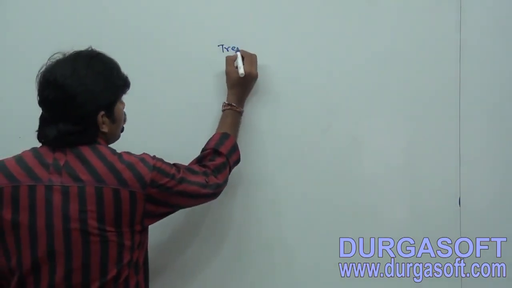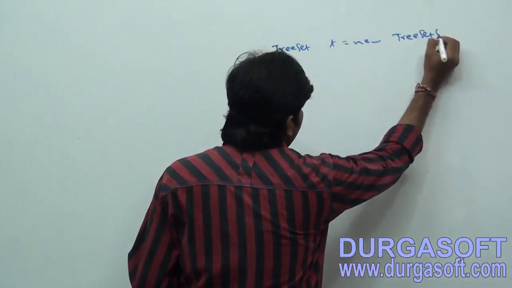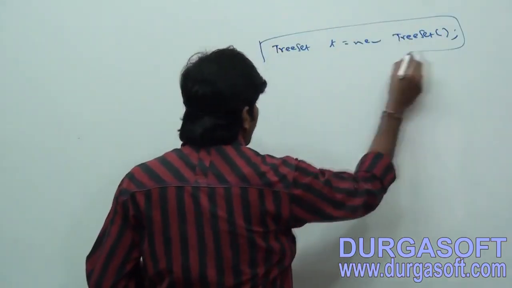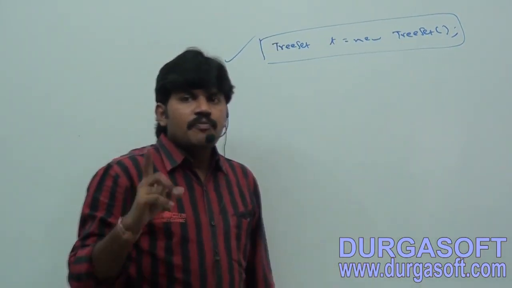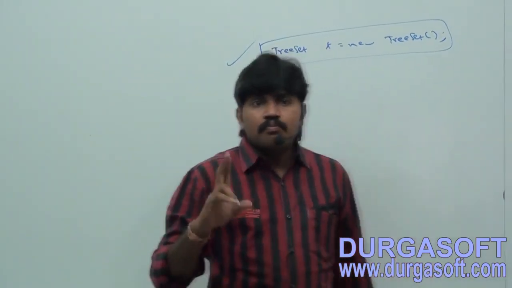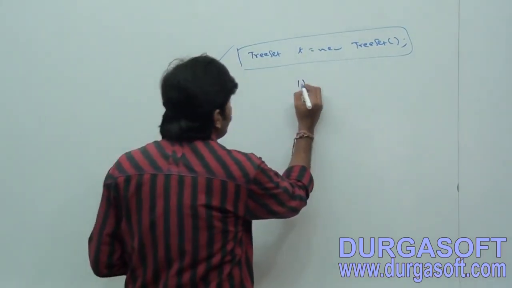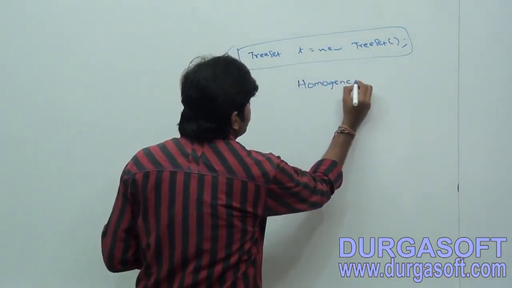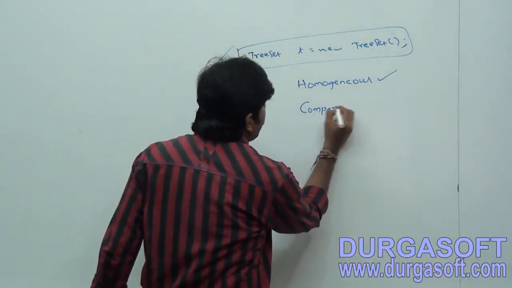In this example, am I depending on default natural sorting order or customized sorting? Default natural sorting, because which constructor did we use? The first constructor, TreeSet t = new TreeSet(). Default natural sorting order, right? Make sure that if we are depending on default natural sorting order, compulsorily the objects should be homogeneous and comparable.